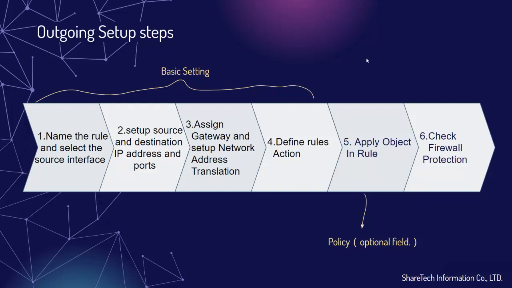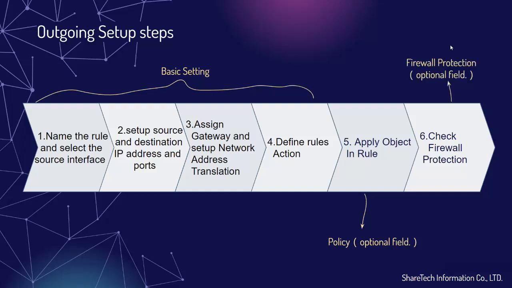It allows administrators to decide whether to apply control objects to the rules, such as bandwidth control or application control. Even if no control objects are applied, the rule will still be effective.